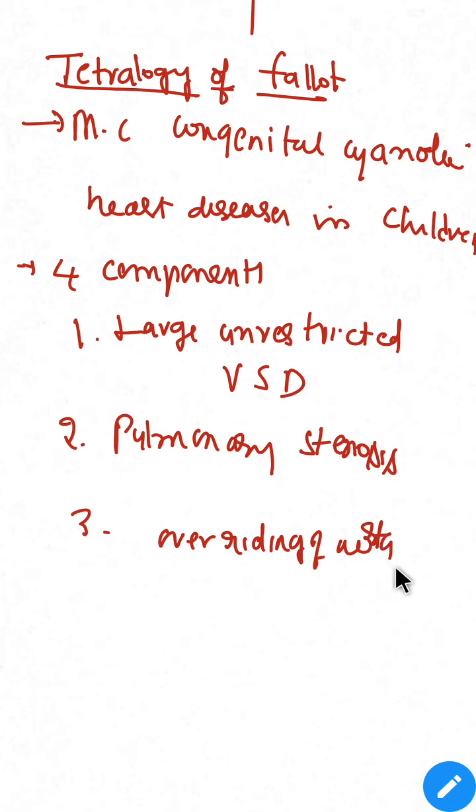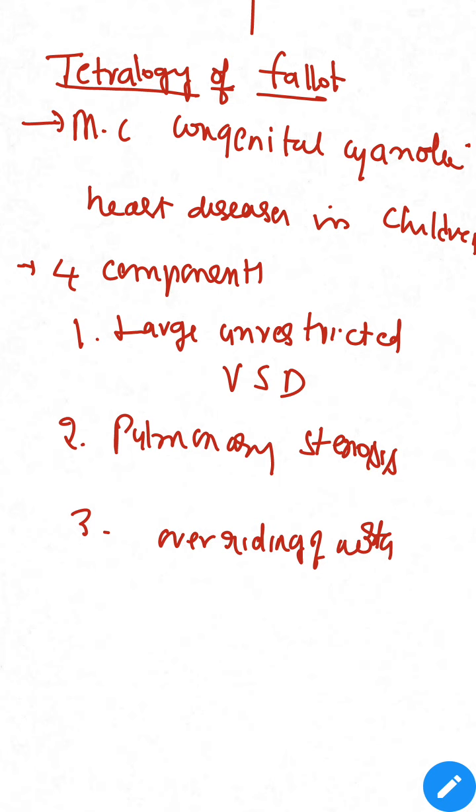Overriding of aorta means, usually the aorta arises from the left ventricle, right? We all know that. Here the aorta appears to arise from both ventricles, left and right.